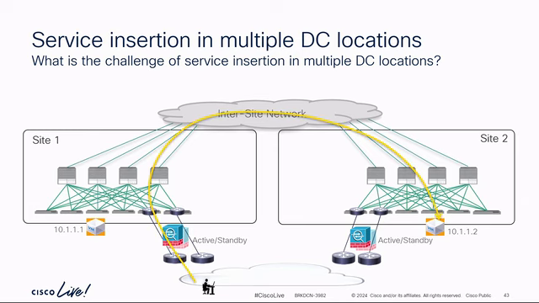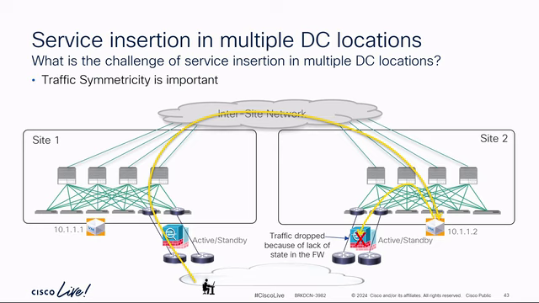Then, since the subnet is stretched, unless you enable host route advertisement, traffic could come to site 1 going to site 2. Then it's most likely the return traffic will choose local exit. Then that firewall doesn't know the incoming traffic, so the firewall is supposed to drop traffic.